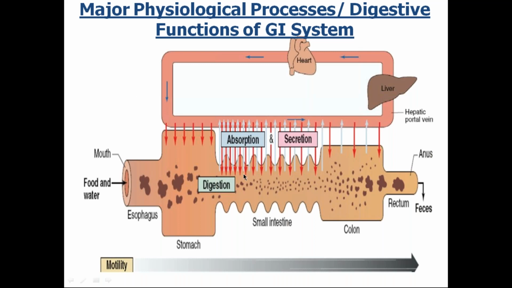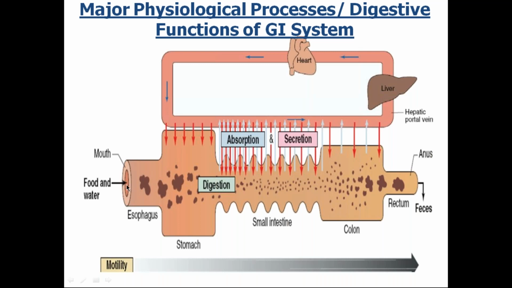Absorption would be when the nutrient material is taken up from the GI system or the GIT into the bloodstream. For all these processes to occur, there has to be the movement of the particles which have been acted upon by various digestive juices.